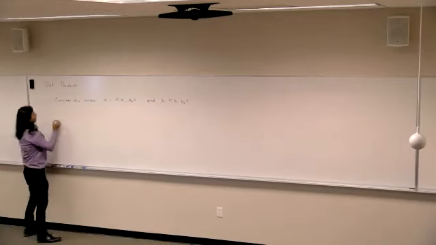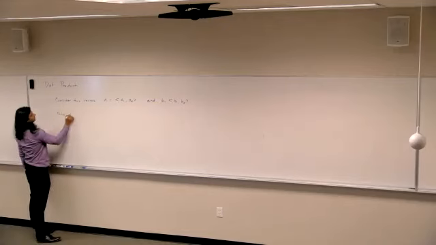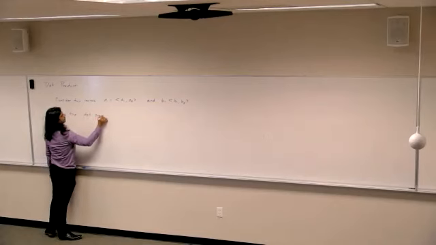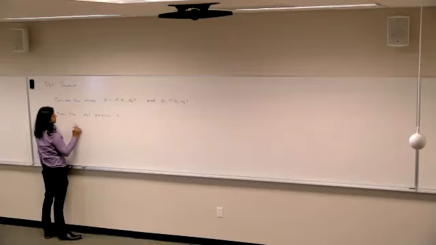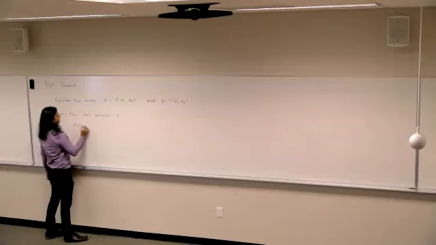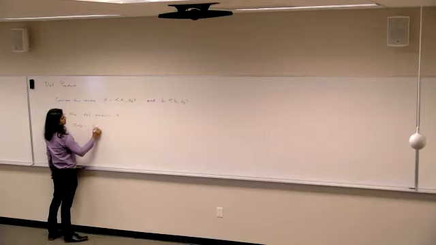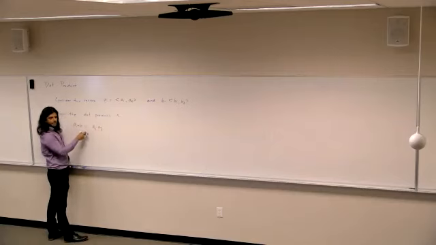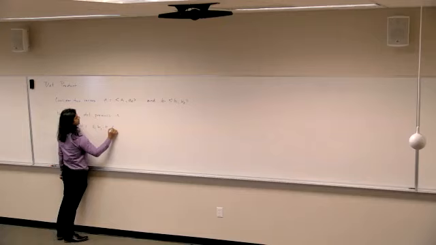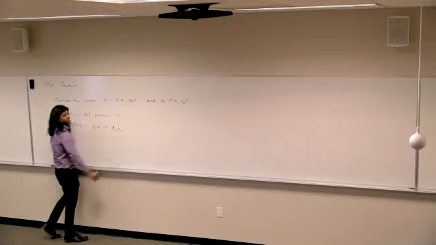Then the dot product A dot B is A1, B1 plus A2, B2.